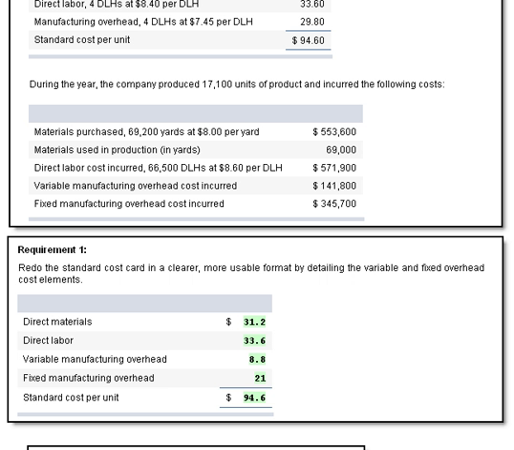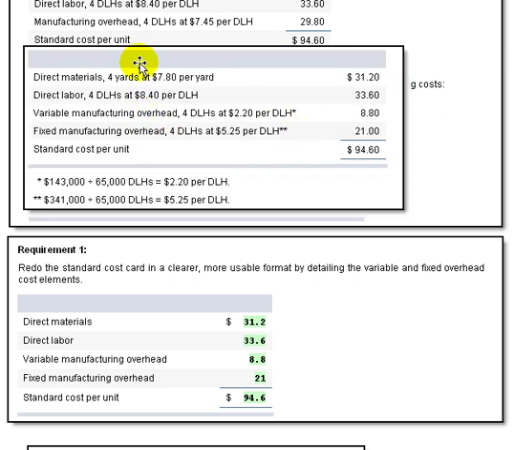All right, well, let's go through the calculations of how I came up with that. What I'm going to do is slide some hints right on the screen, right there. Okay, so right there on the screen I've put how we came up with that. So the $31.20 was derived by taking 4 yards at $7.80 per yard. We multiply that across, you get $31.20. Direct labor, we take the 4 direct labor hours at $8.40, the standard rate per direct labor hour. That gets us the $33.60.